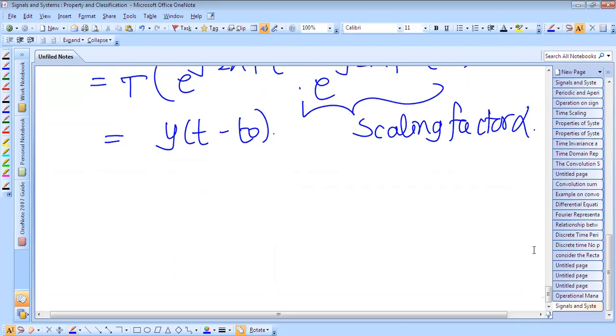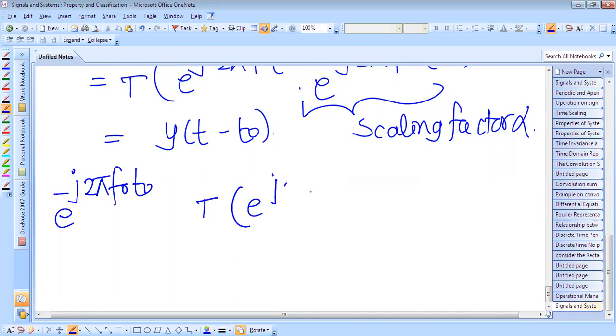Therefore, e raised to power minus j 2 pi f naught t0 into T of e raised to power j 2 pi f naught t, and we can write here y of t minus t0.